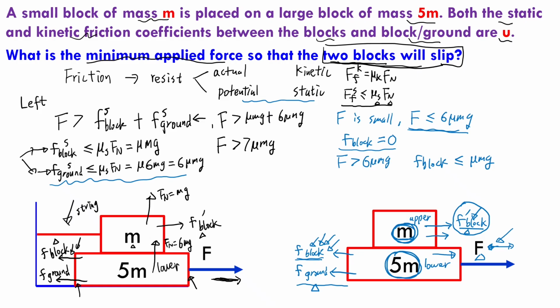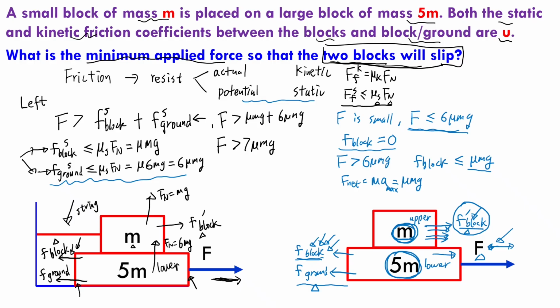So based on Newton's second law, net force equals mass times acceleration. This is the maximum force applied on this upper mass. So if we let this upper mass have this largest force, then we basically get the maximum acceleration for this upper mass.